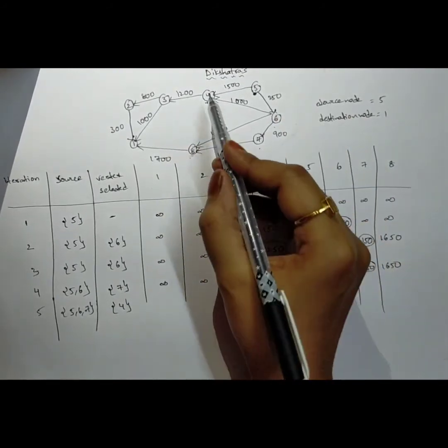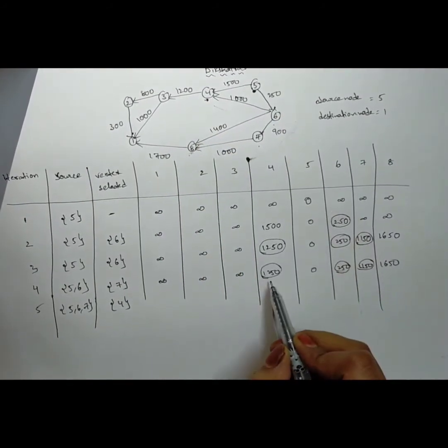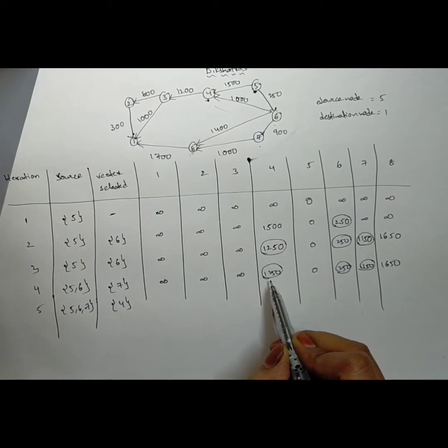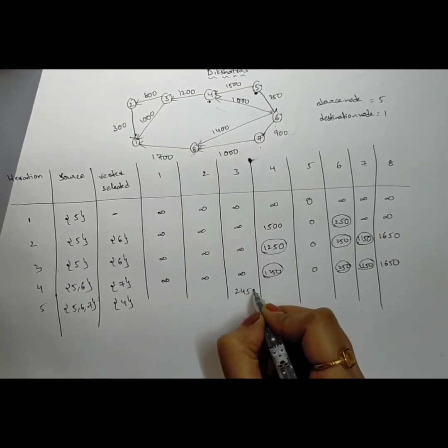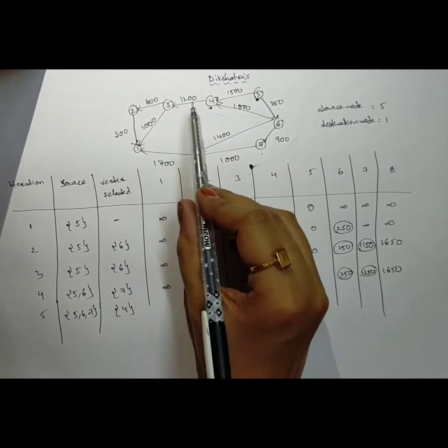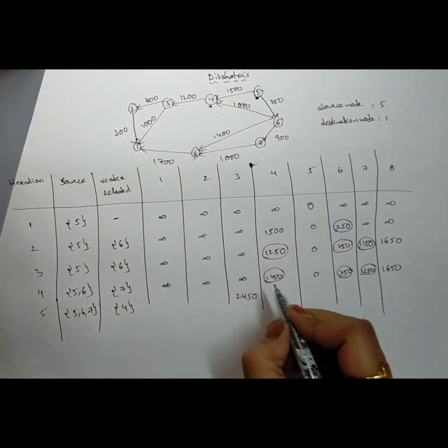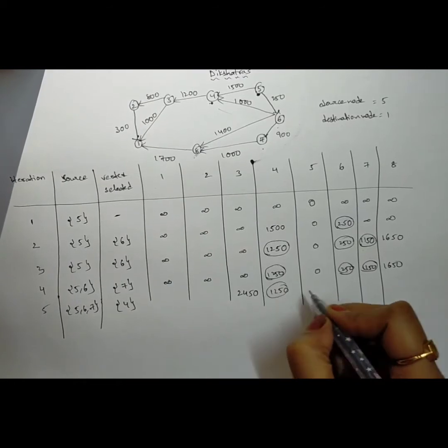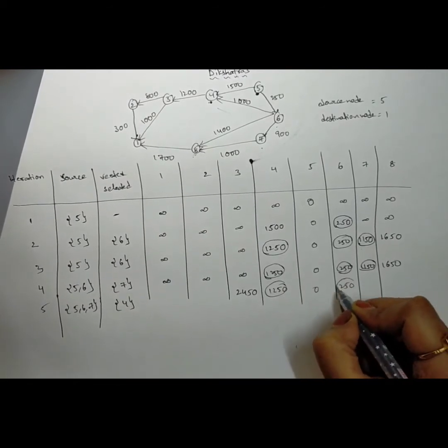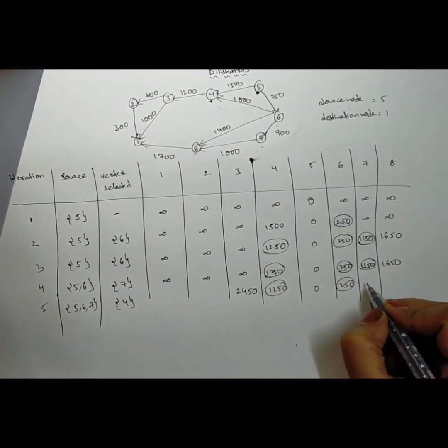Till 4 we have a distance of 1250, so I am adding 1200 to this 1250. The value is 2450, and the remaining values will be placed as they are, as we have only one edge from vertex 4.